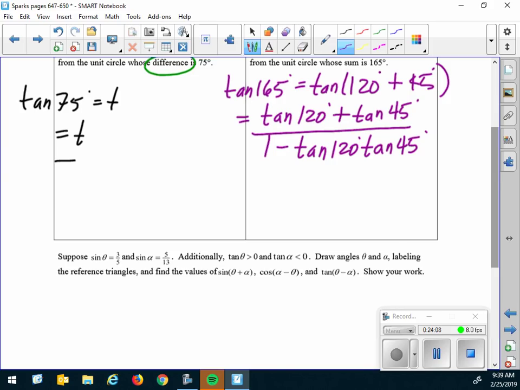Well, we know the tangent of 120 degrees is square root of 3. Plus the tangent of 45 degrees is 1.